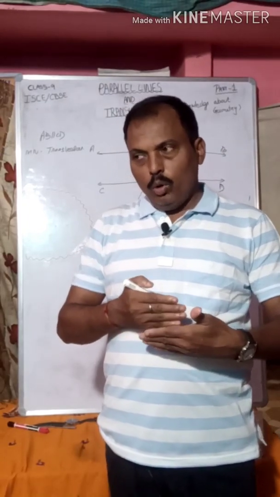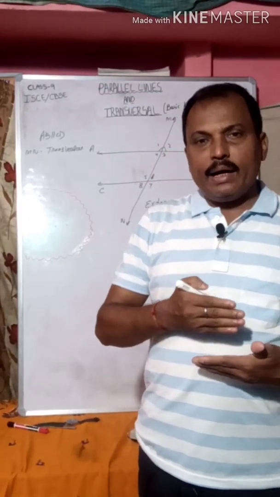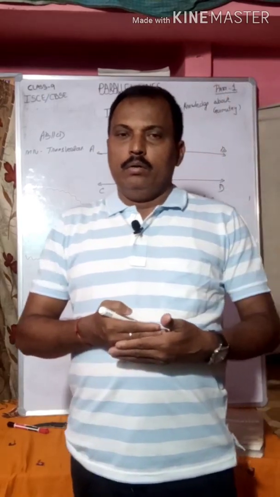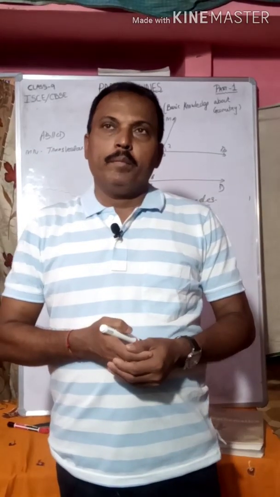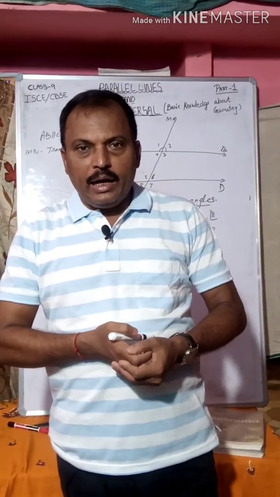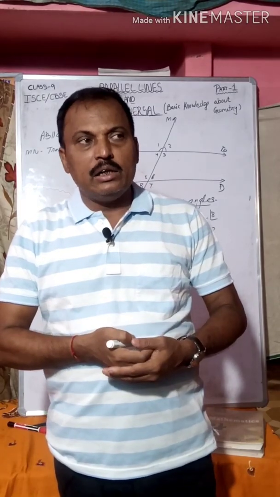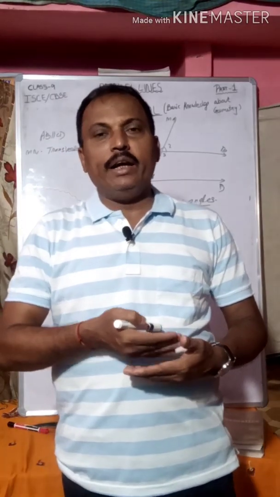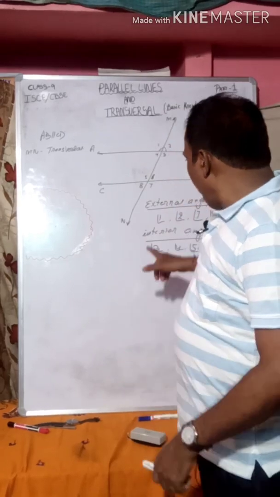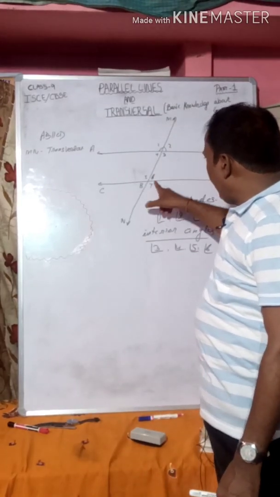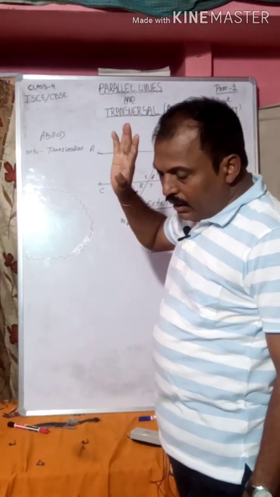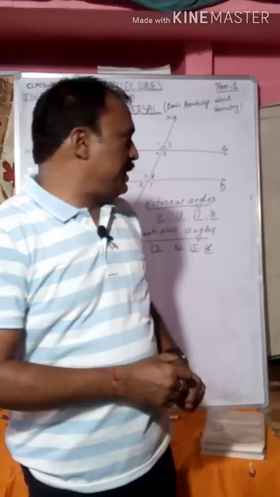Whenever two parallel lines and one transversal are given, there are 4 exterior angles and 4 interior angles.